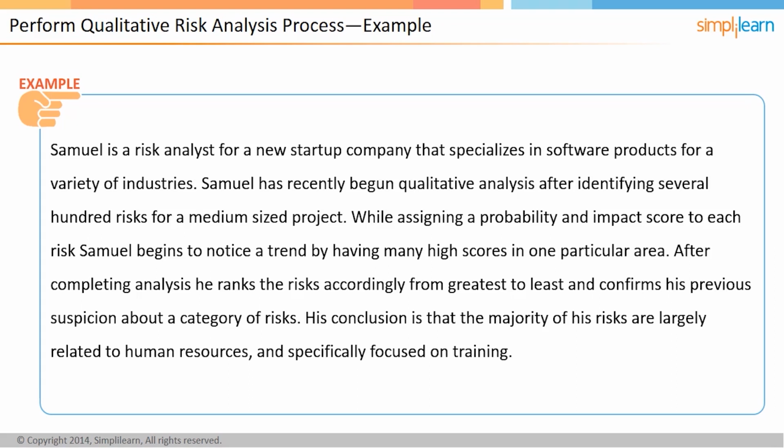After completing analysis, he ranks the risks accordingly from greatest to least and confirms his previous suspicion about a category of risks. His conclusion is that the majority of his risks are largely related to human resources and specifically focused on training. Let us continue discussing this example in the next screen.